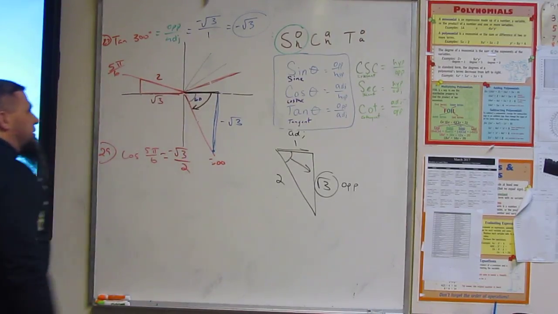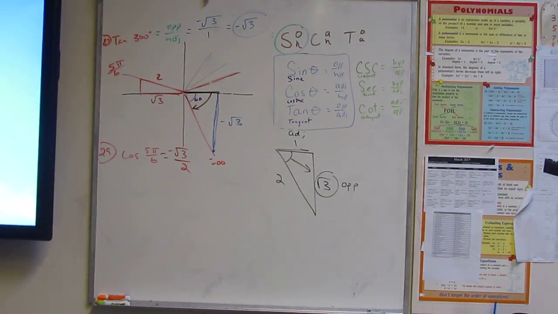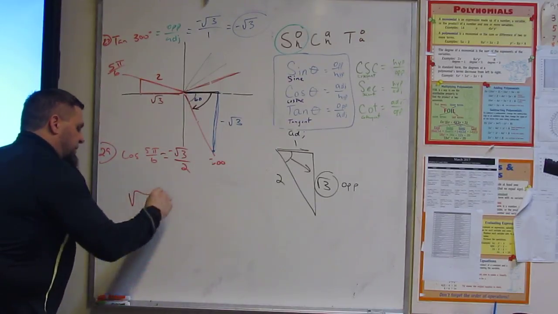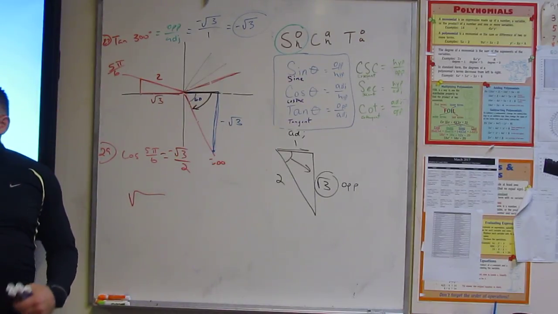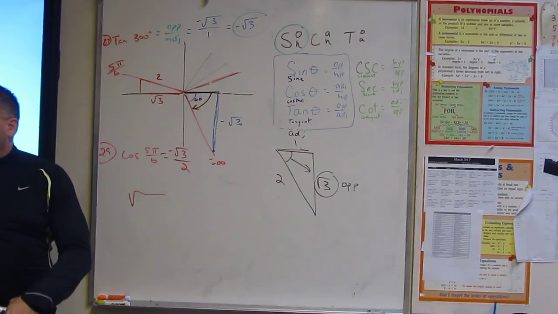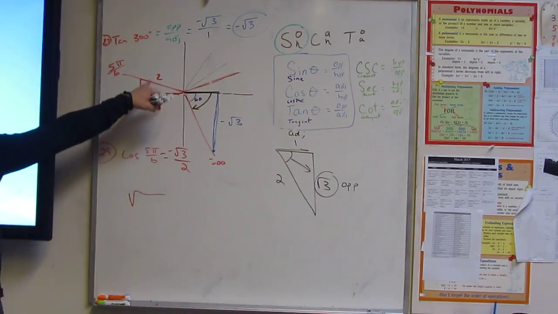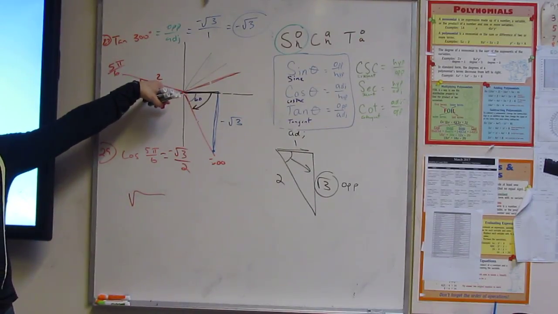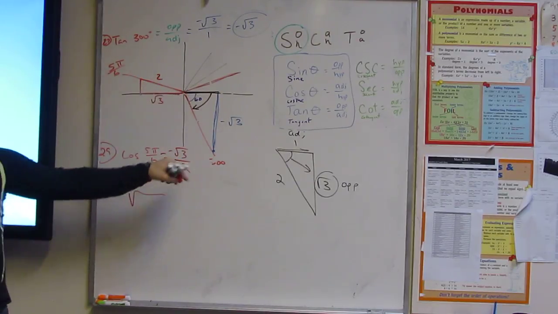The distance of 2. Now if I found the distance, the distance formula is the square root of all this stuff squared. That's always going to be positive. So distance is always going to be positive, no matter where it's at.